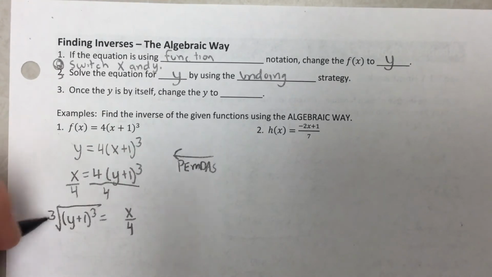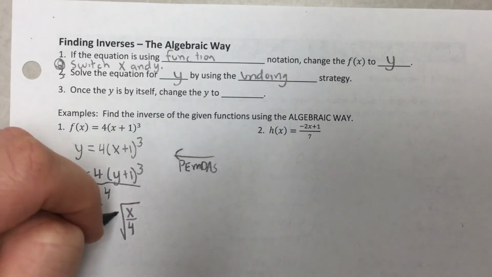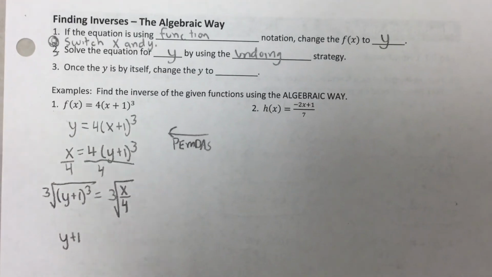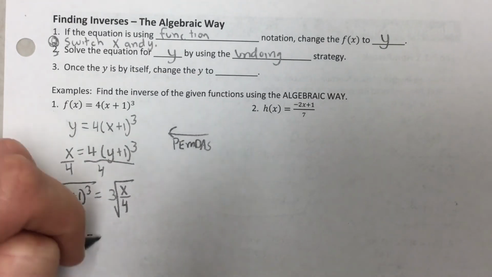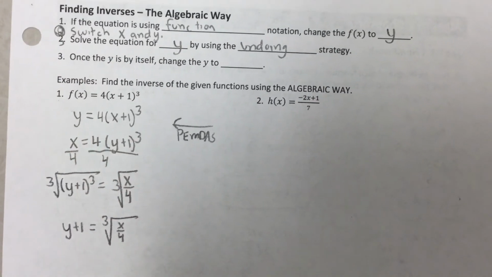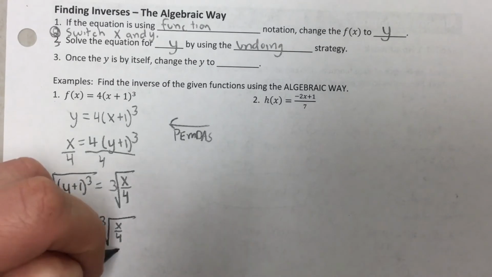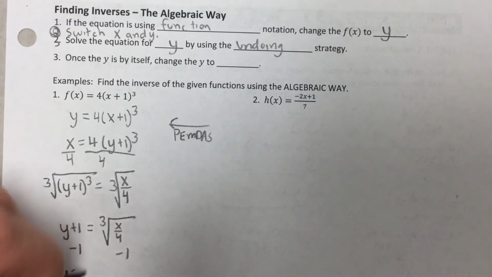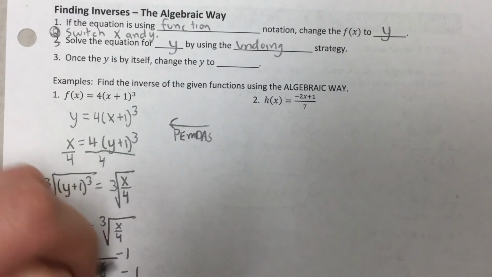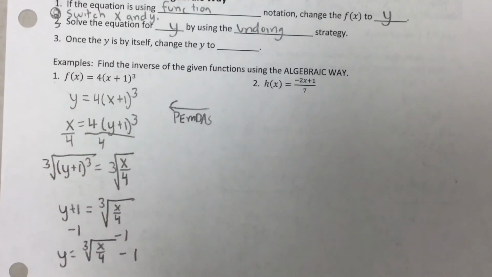And then I'm going to take the cube root. And so I have y plus 1, because the cube and the cube root cancel out, equals the cube root of x divided by 4. And the last thing I'm going to do is subtract 1. So I'd have the cube root of x divided by 4 minus 1. Notice how that minus 1 is outside the radical.